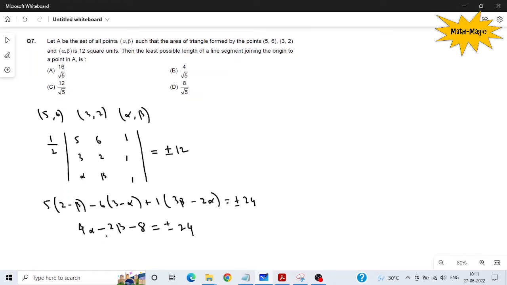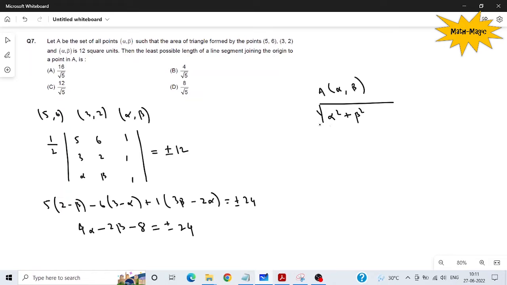So now we can see that we can express alpha depending on beta. Now we have to find the least possible length of the line segment joining the origin to a point in A. The point in A is alpha, beta, so its distance from the origin is the square root of alpha square plus beta square.